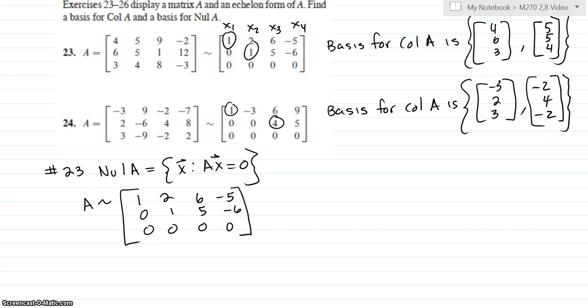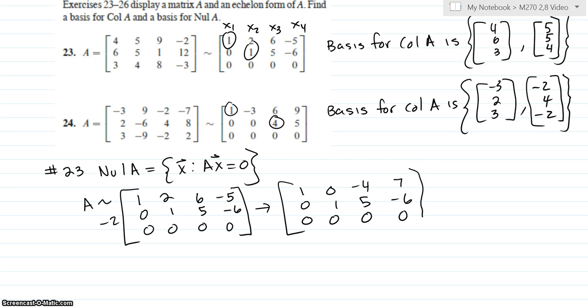So I'm going to take my A, which is equivalent to this, and change this to a 0 there, so I'm going to make this a 0. And then that would be a -10 plus 6. And finally a 12 plus -5. And then I'm going to now solve.